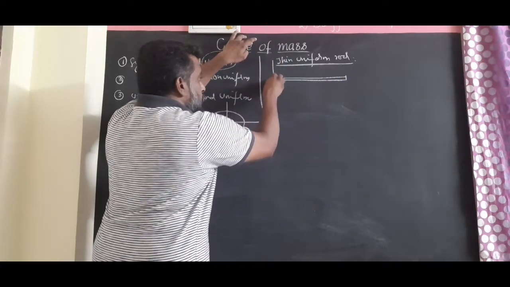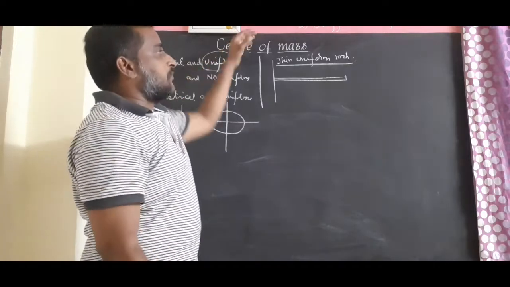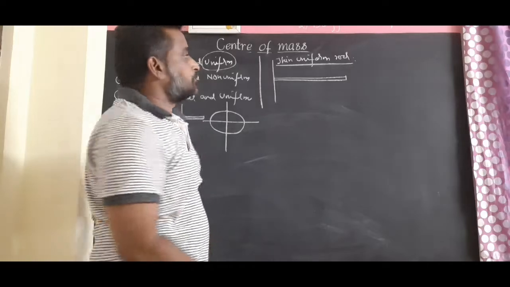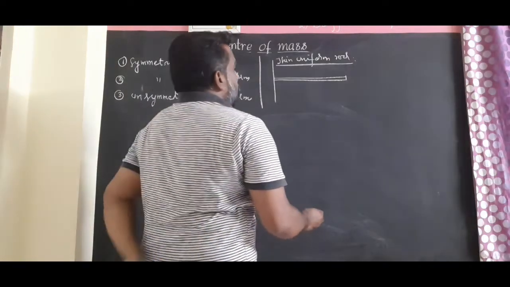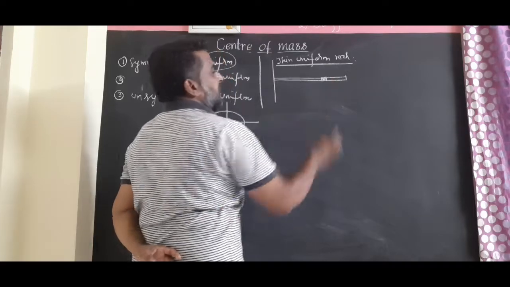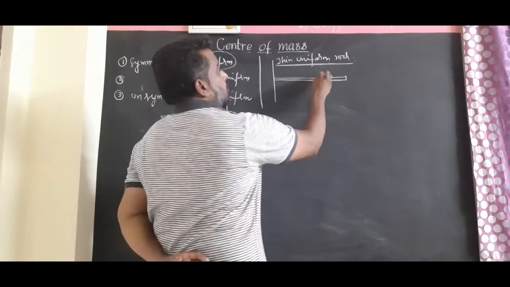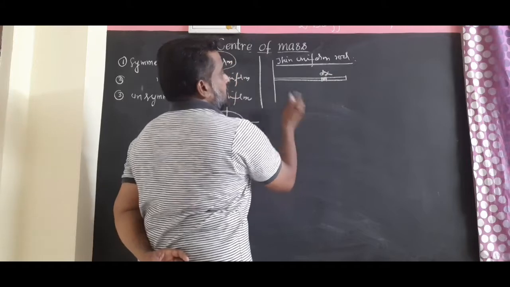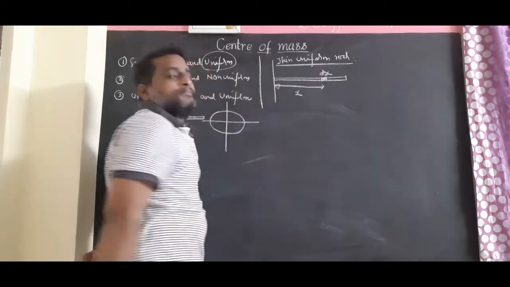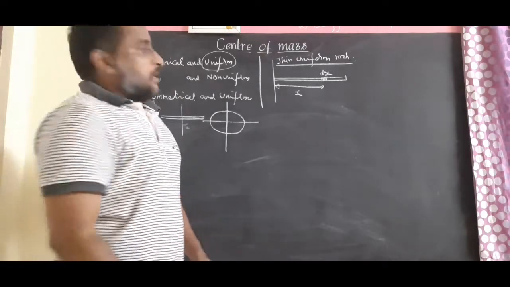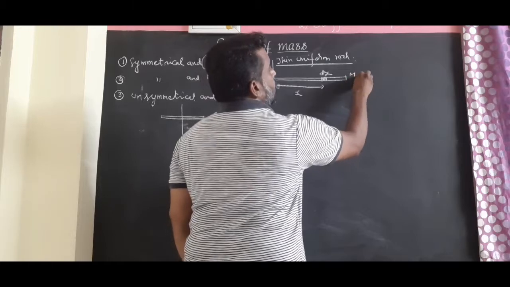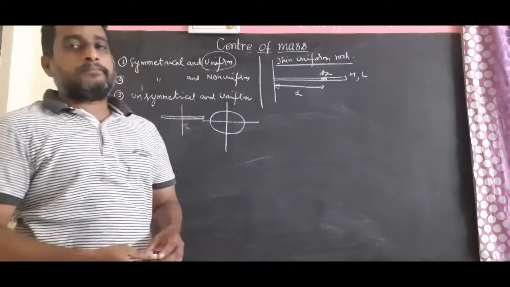Now let us locate the position of center of mass of this thin uniform rod from the y-axis. For that, first of all, let us construct one small element of length dx, which is at a distance x from this y-axis. Mass of this rod is m and the length of this rod is, say for example, L.